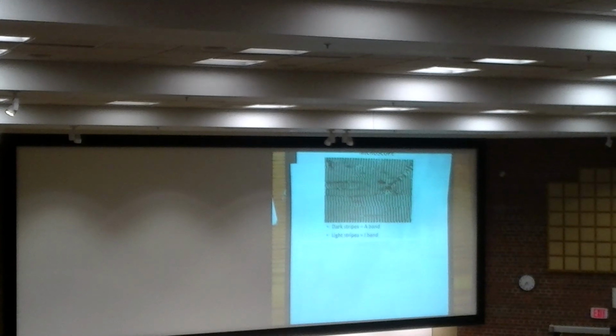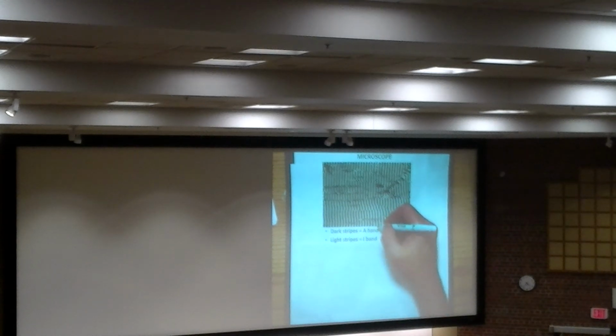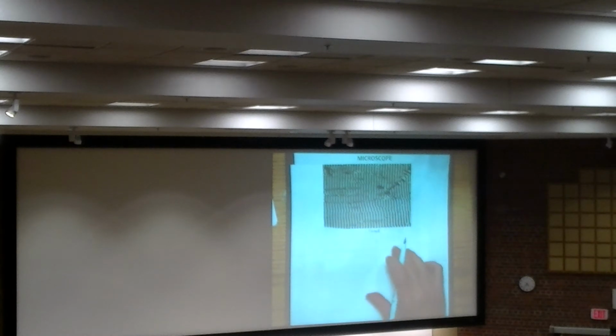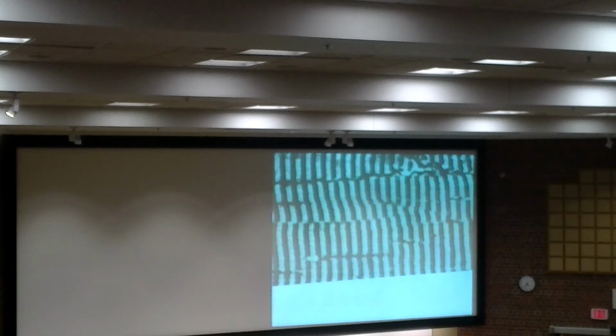Now, if you've got really good eyes, you can see a thin line going down right to the middle of each of those I-bands. Can you see it? No? Zoom in. You change the objectives on the microscope. Try a higher magnification, but not so high that it gets too pixelated. Can you see it now?